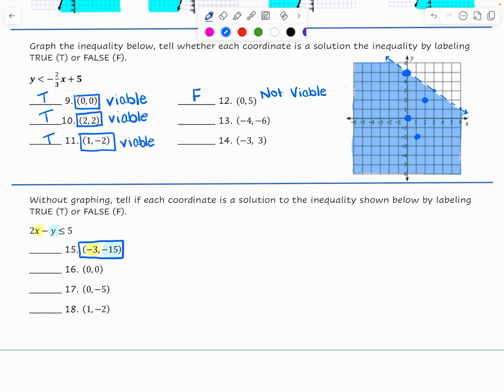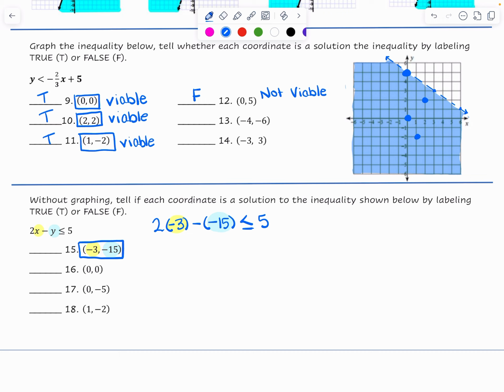So I have 2x minus y is less than or equal to 5. Okay? So the x value is going to be in here where it's 2x. The y value is going to be right here where we're replacing the y with those parentheses. So x is negative 3, y is negative 15.